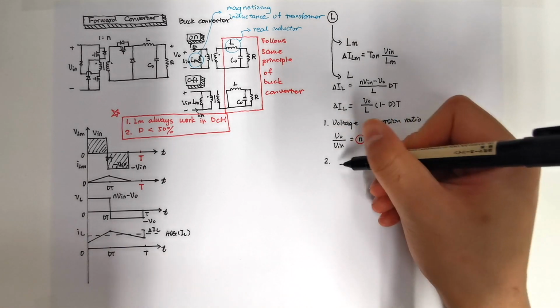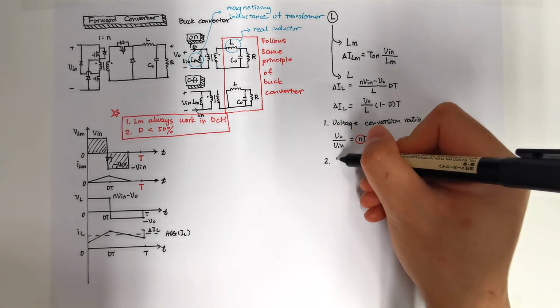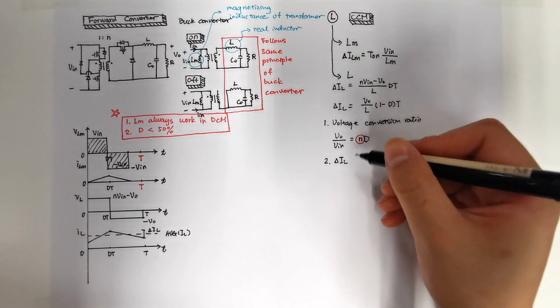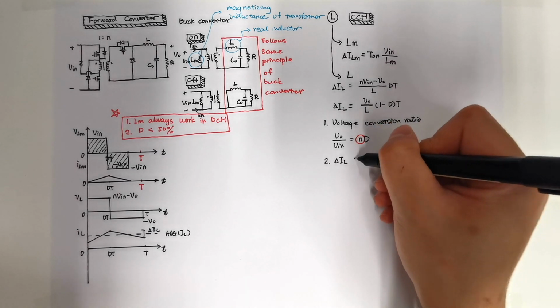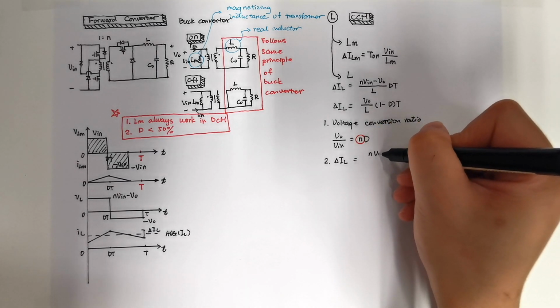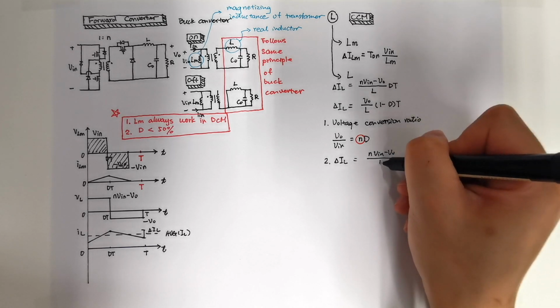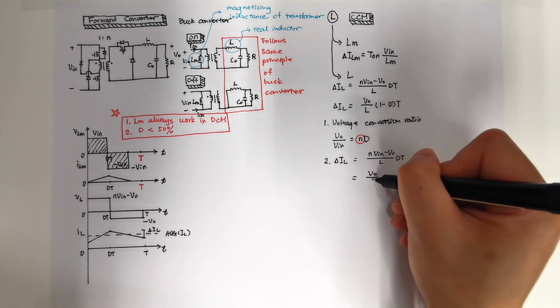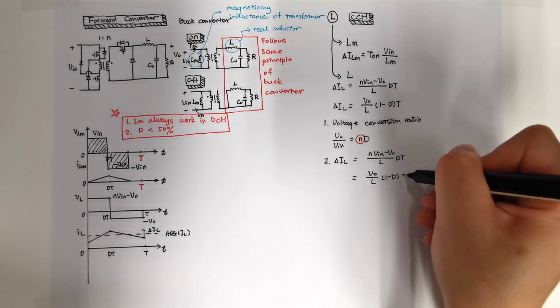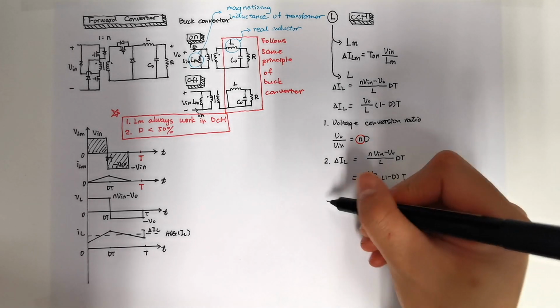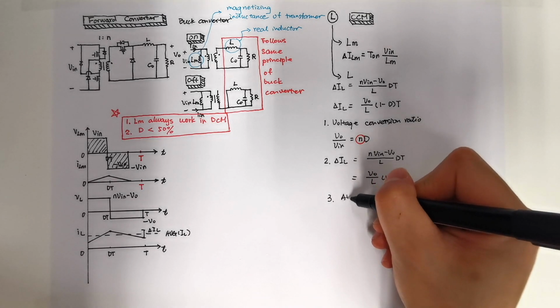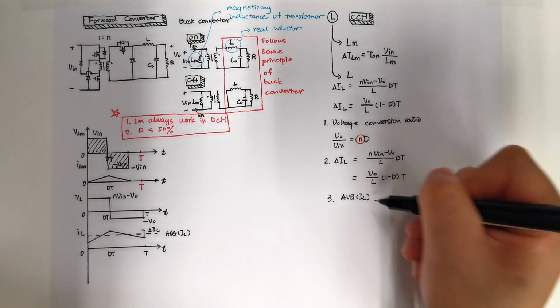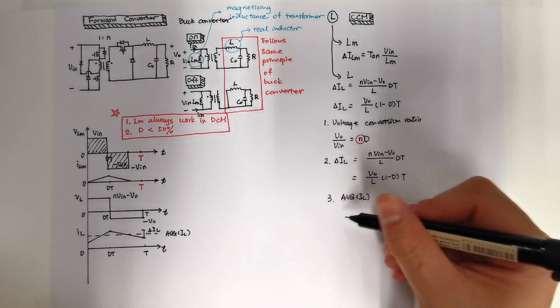The second thing is we can know our delta IL. We can use the on-state to calculate the delta IL, and also the off-state to calculate our delta IL. And our average IL is also the same as our buck converter.